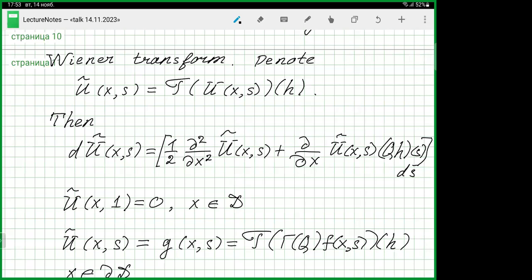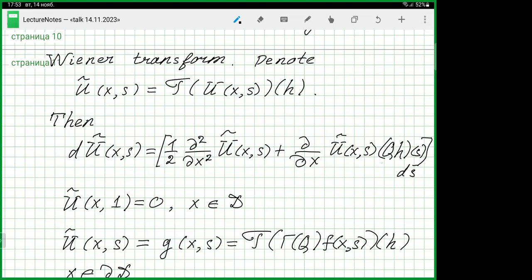it occurs again that we have very good news: the Fourier-Wiener transform reacts in a very nice way on anticipating stochastic integration. It looks like the usual Fourier transform reacting on differentiation. It just gives us the argument.